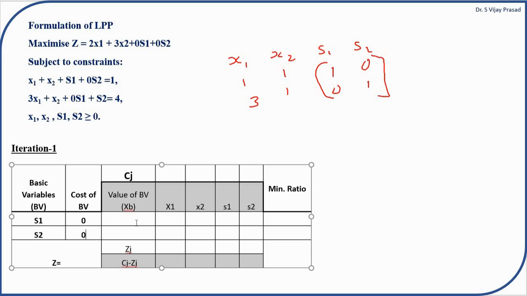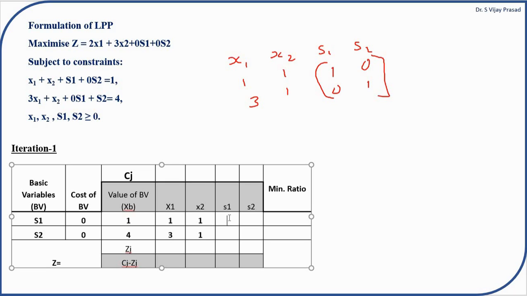As I told you, xb means the column vector on the right hand side, which is 1 and 4. After that, x1 column we are going to write down. The x1 column is 1 and 3. Then after that the x2 column we are going to write down, which is 1 and 1.